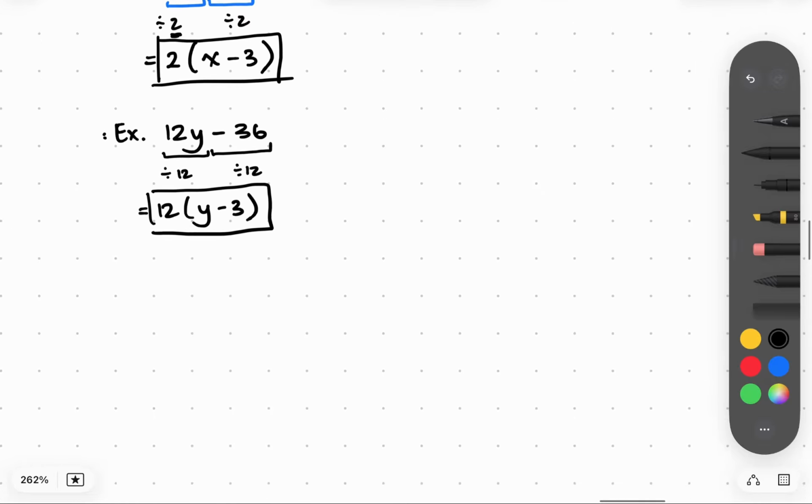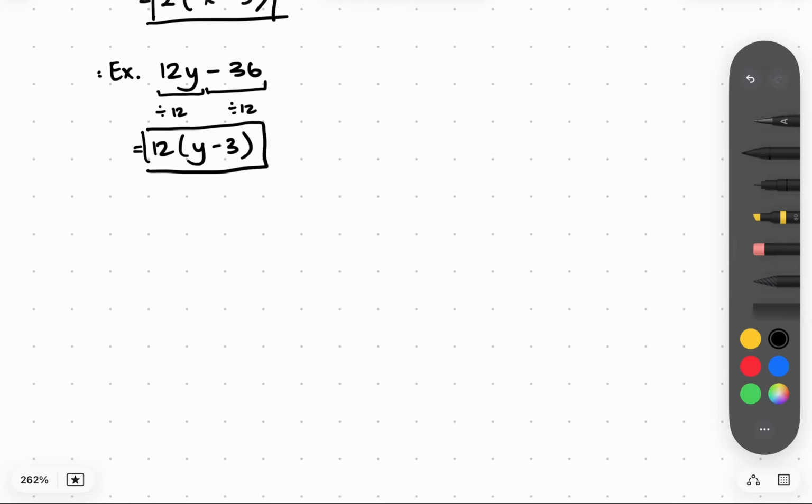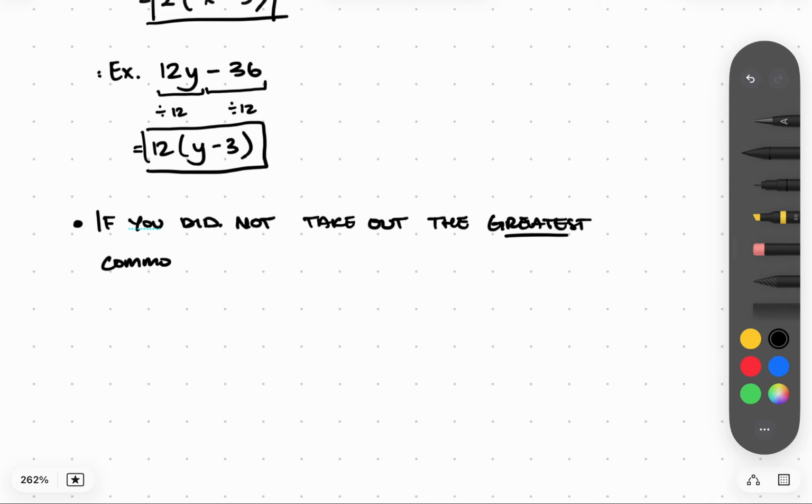Now, the next question then is, what if you did not take out the greatest common factor?